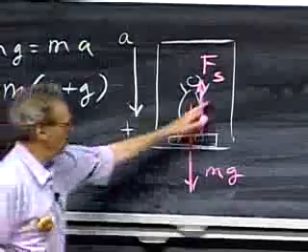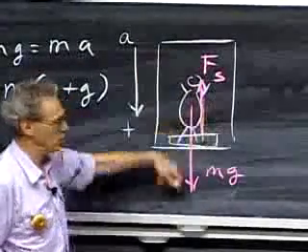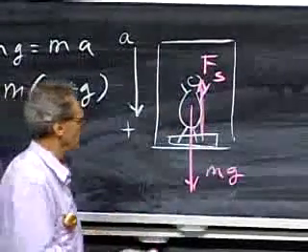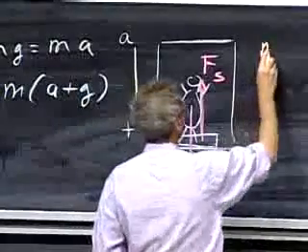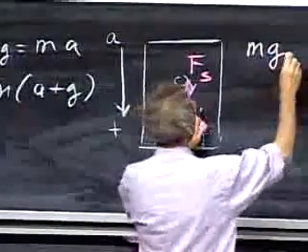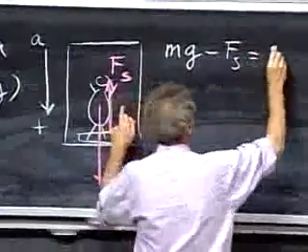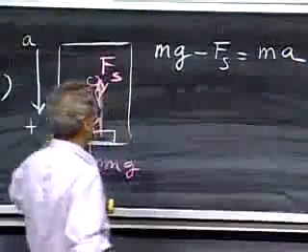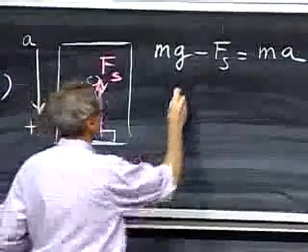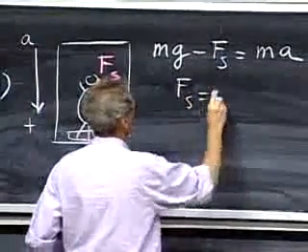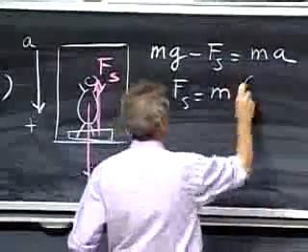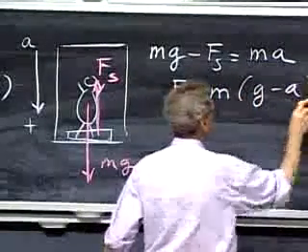Clearly, mg must be larger than F of s, otherwise you couldn't be accelerated downwards. So if now we write down Newton's second law, we get mg minus F of s equals m times a. This holds for acceleration down, and so I get F of s equals m times (g minus a).